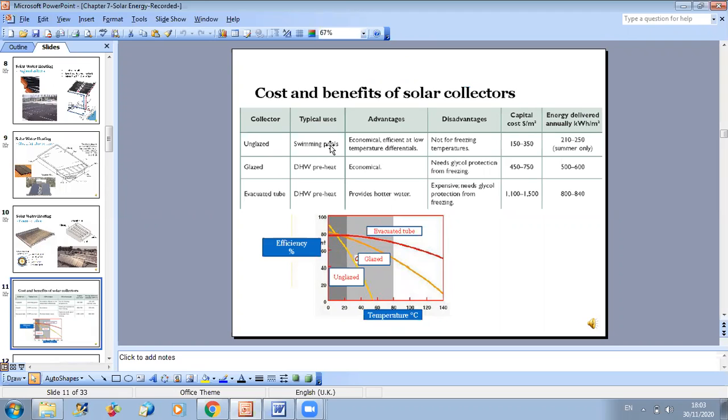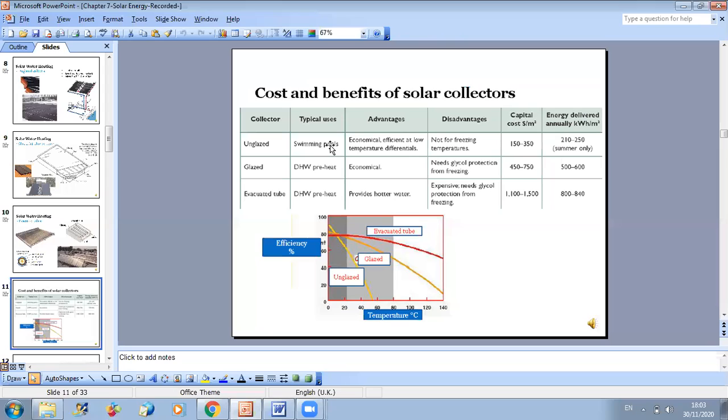The temperature we need to heat to for a swimming pool is not high. In this way, this system will be very efficient. The disadvantage of such a system is that it's not good for freezing temperatures because you have a high risk of freezing water. And the capital cost is relatively low due to simple installation, and it's a simple system.